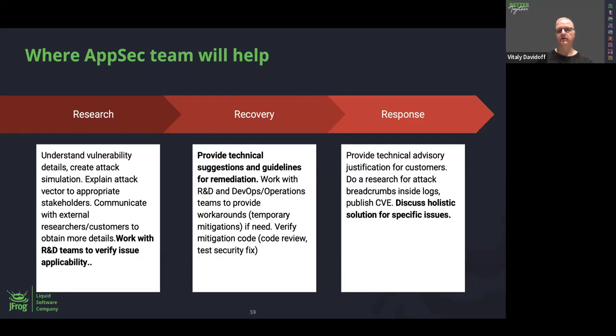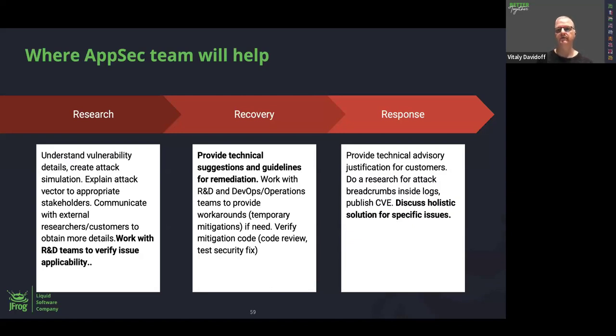And for the response, first of all, the AppSec team is responsible to provide justification and advisory for customers, and also to take part in the post-incident activity to understand the level of damage, what kind of data leaked, etc. Also, as part of this process, we want to improve our software.